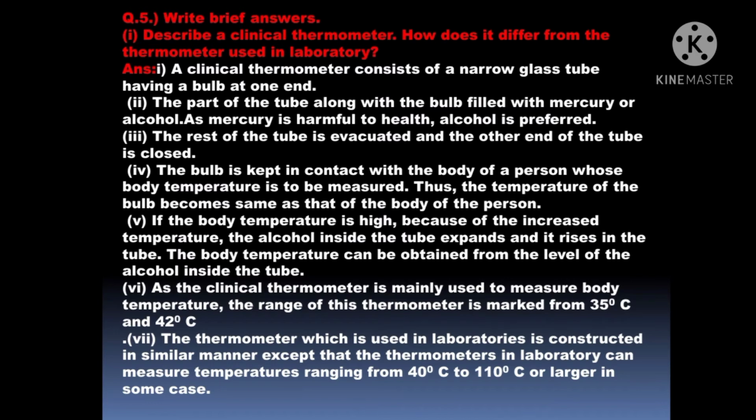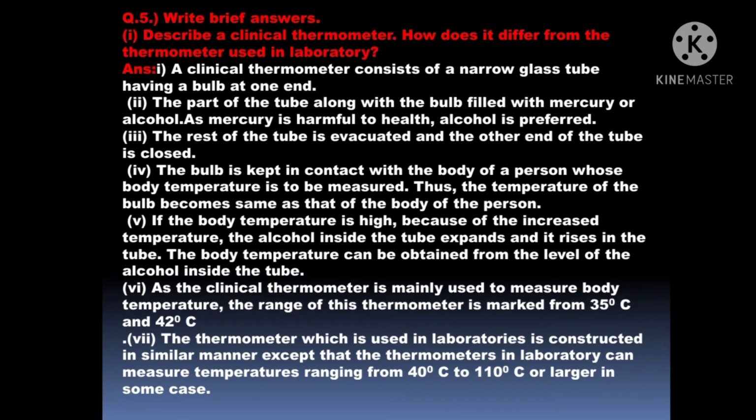When we touch the bulb to the body whose temperature we have to know, what happens? The bulb absorbs the temperature from the body. If the body temperature is high, because of the increased temperature, the alcohol inside the tube expands. When the bulb detects that the body temperature is high, what happens?